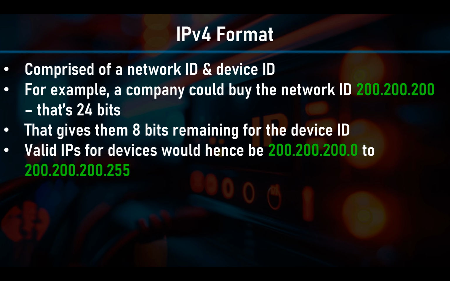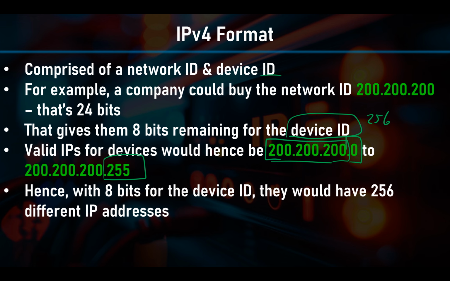So the valid IP range for the devices in that network would be 200.200.200 followed by the device ID, which is the remaining 8 bits, from 0 up until 255. So on this network we can have 256 different, unique devices.